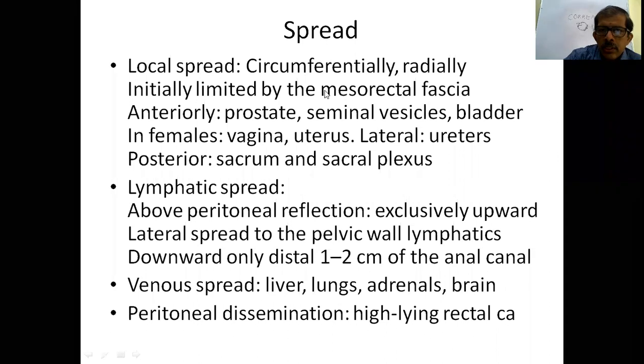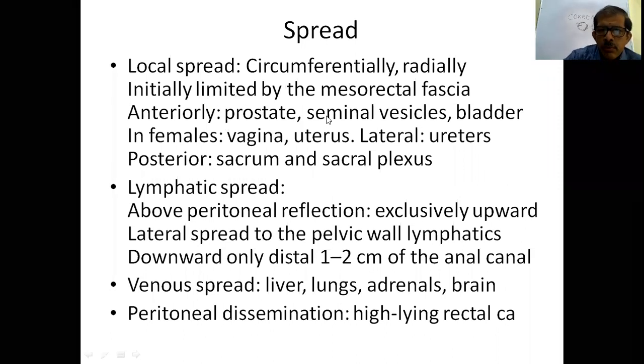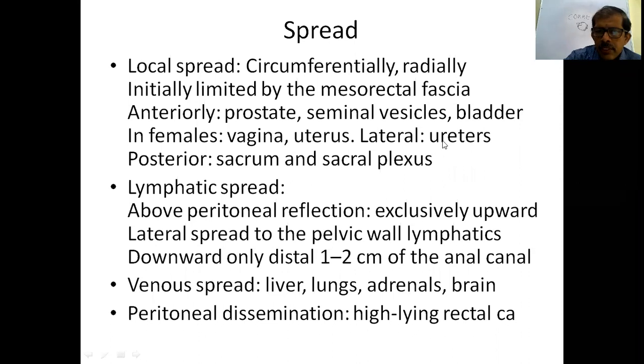Anteriorly the Denonvilliers and posteriorly the Waldeyer's fascia will stop it for some time. But even after that, it will reach anteriorly in males the prostate mainly, and bladder also, whereas in females, vagina and uterus. Laterally, there are ureters which can be affected.